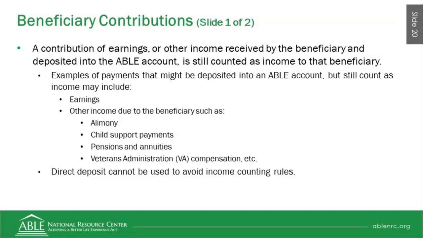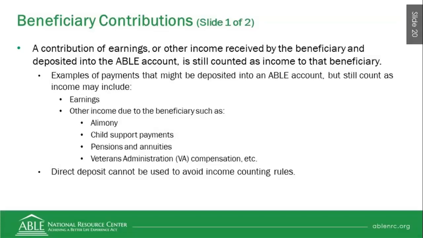Now, if you are receiving, however, a means-tested disability benefit from Social Security, and in this instance I'm talking about SSI or Supplemental Security Income benefits, savings, earnings or other income deposited into the ABLE account is still counted as income. Nothing has changed with how Social Security counts earned and unearned income.